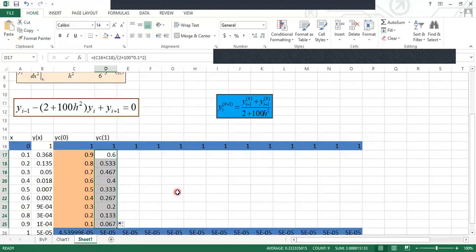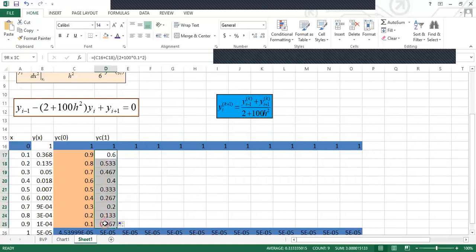The same will be done for all of the points, and then we can proceed for further iterations, since the iterative methods should be continued so that we have a converged solution.